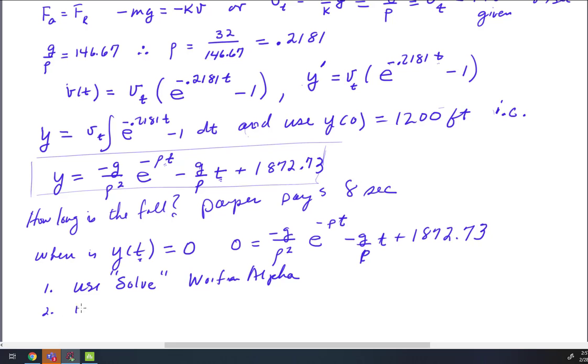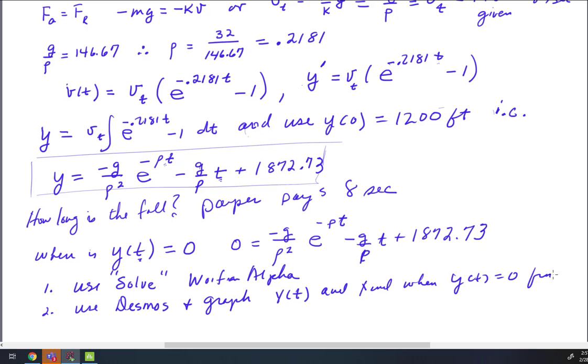or you could use any graphing software, but use Desmos and graph y of t and find when y of t equals 0 from the graph.